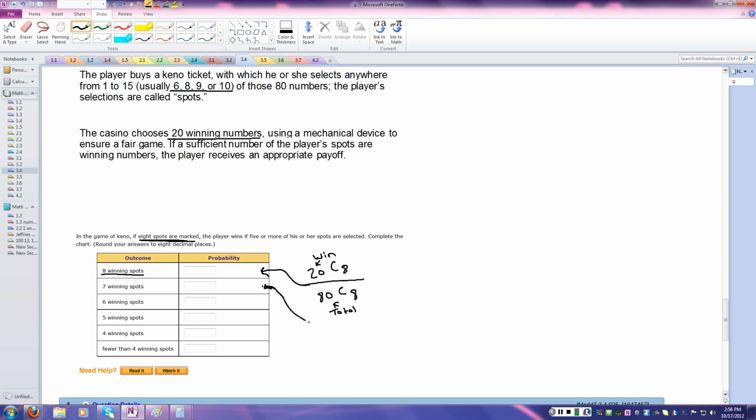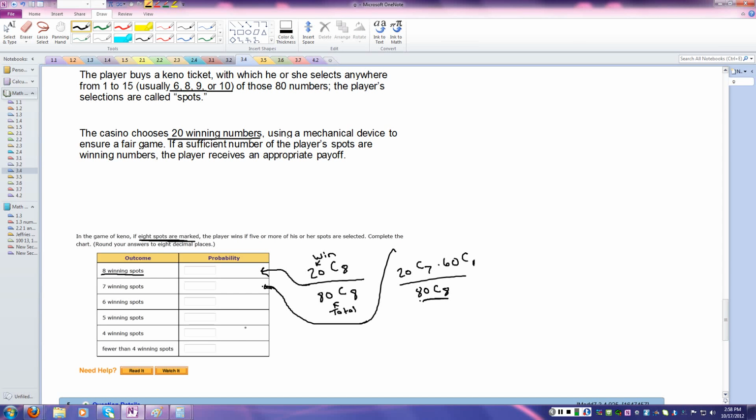Now if I look at 7 winning spots, I'm going to say out of the 20 that win, I'm choosing 7, times 60, and you can say 60 choose 1, over 80 choose 8. 80 choose 8, because I'm only choosing 8 of them. 20 of them are winners, 60 of them are losers. 7 plus 1 is 8.